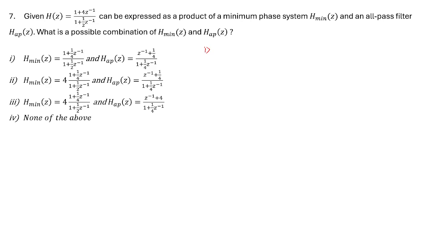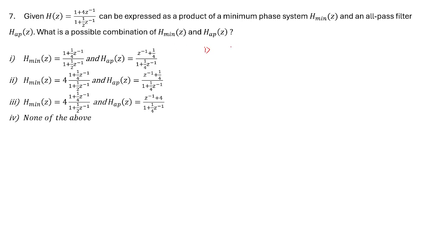If we first check the criteria of H min of z being a minimum phase system, or H AP of z being an all pass system, these are intensive tasks, and after performing them, if this criteria holds and still the product of H min and H AP doesn't result into H(z), then all your effort is in vain. So first perform the easy sanity check, and then move to the more complex and intensive task.